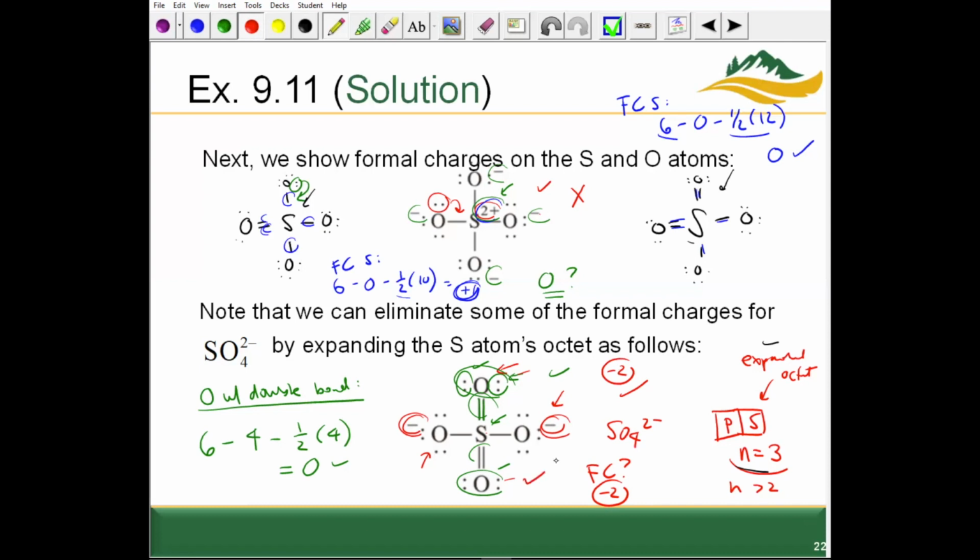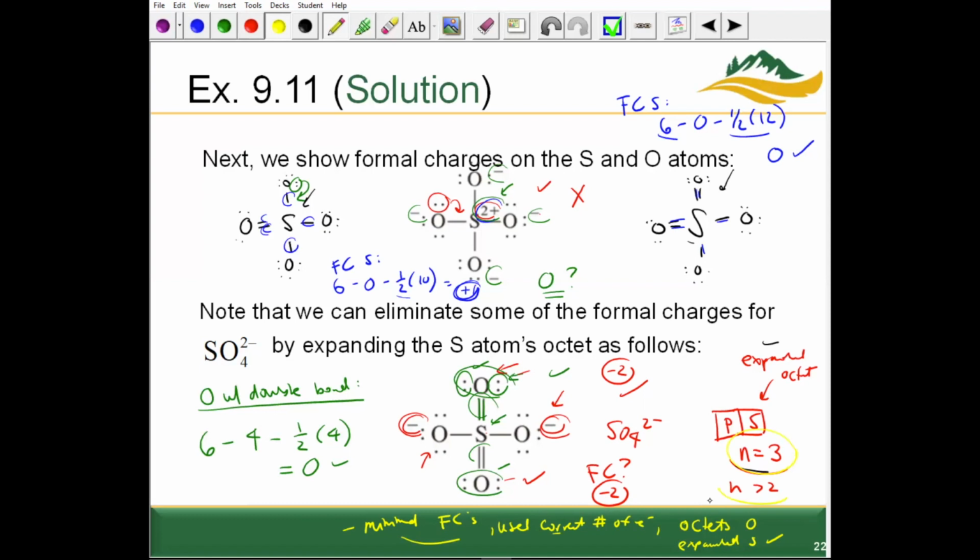This is a great structure because we've minimized the formal charges, we've used up all the electrons, so we've used the correct number of electrons. The octets for oxygen are good, and then the expanded octet for sulfur, that's also okay to do because again, it fills a shell greater than n equal to 2.